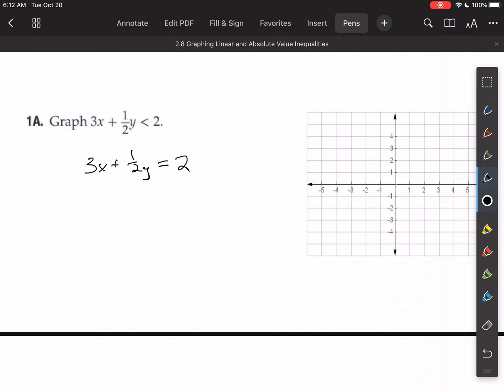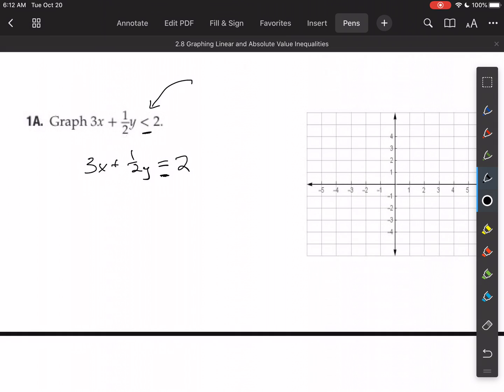But remember that equals is not what we're really doing here. It's really less than. We can get the line by plugging in zeros, plugging a 0 in for x to figure out y, and a 0 in for y to figure out x. But then we have to be really careful because of this inequality.